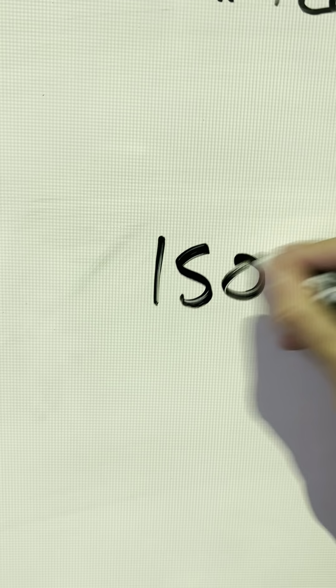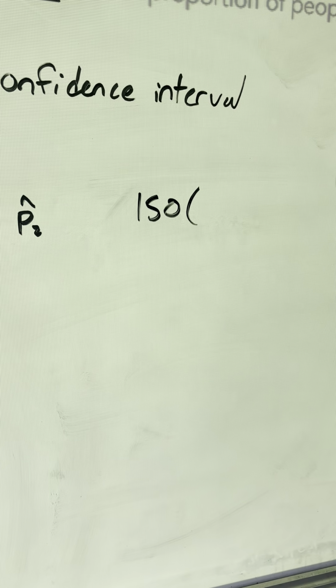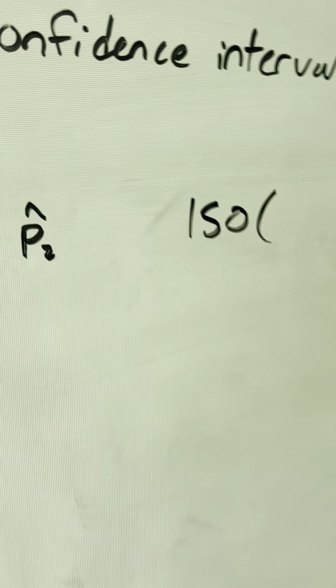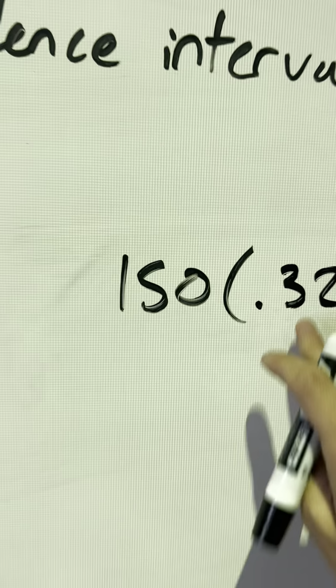So what we're going to do is just do our 150 times the probability, so it's times 0.32. And how did we get 0.32? We just did 48 divided by 150, so 48 reported decreased arthritis pain out of the 150 people.